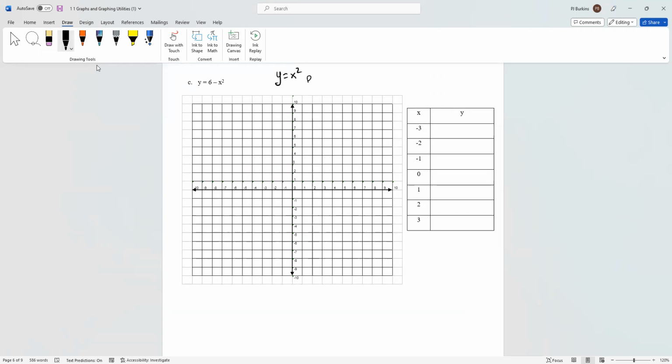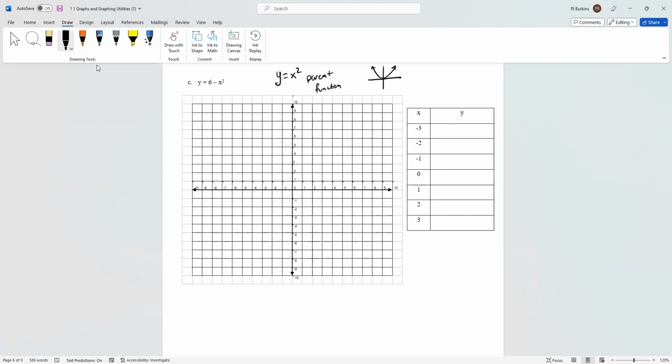This is the parent function. And that just means that we haven't moved it around or anything. And a basic parabola looks like this. Okay, so that's the kind of shape that we're expecting. Again, it's going to be shifted, flipped, whatever, depending on what kind of operations are being done.